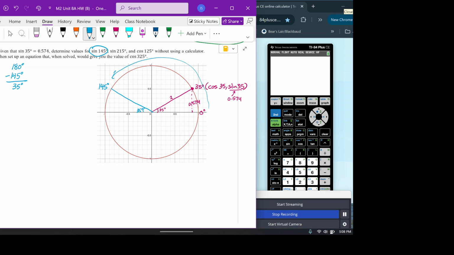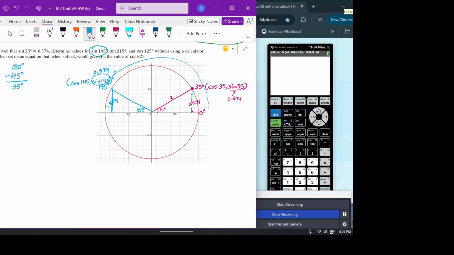So this coordinate would be cos 145, sine 145. Since it's the mirror image of that red point, I know this y value is going to be the same. So this is 0.574, and the sine 145 is 0.574 as well.